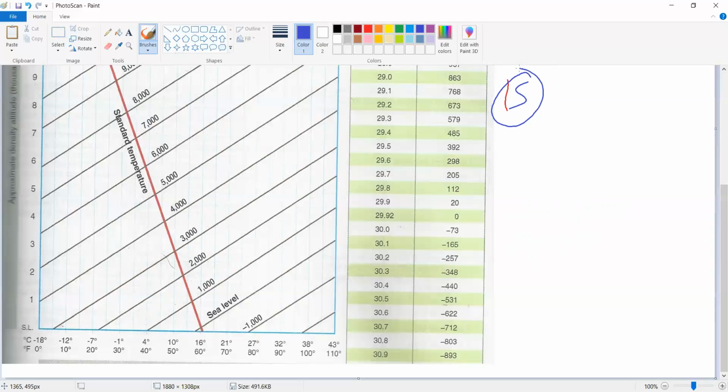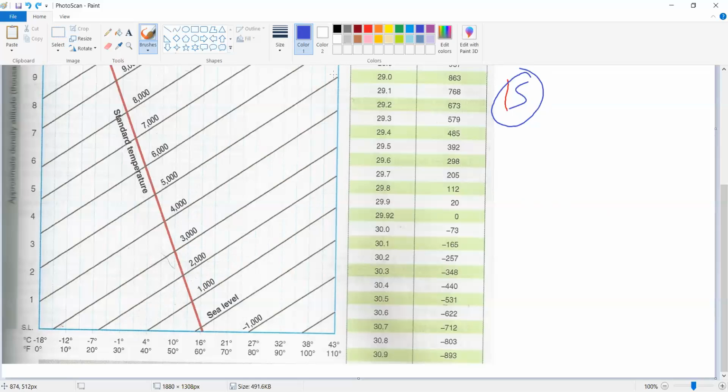All right, so note that the question asks only for pressure altitude. So pressure altitudes are these lines. It's determined by adjusting the altimeter setting to 29.92. That's standard.